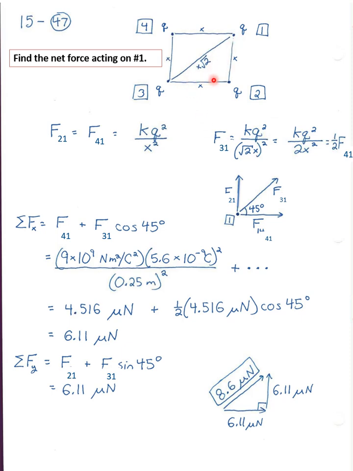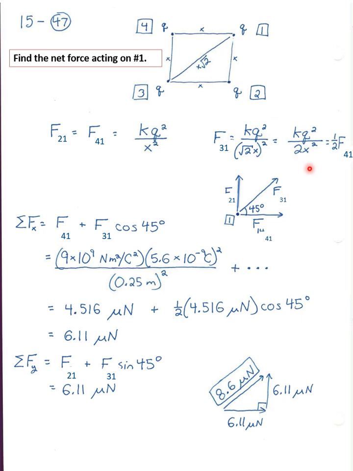So it's x times square root of 2. So here I have in the denominator x times square root of 2. I've written it as square root of 2 times x, and don't put the x inside the radical. And then for Coulomb's equation, we're going to square that, and that becomes 2x squared.